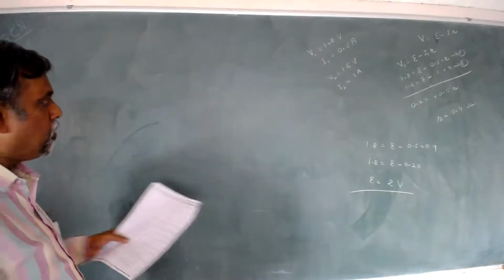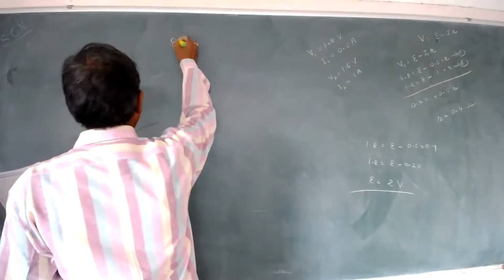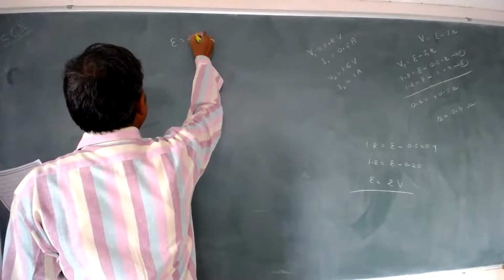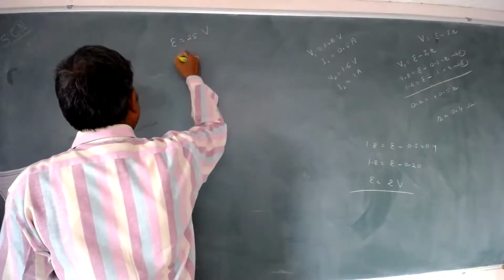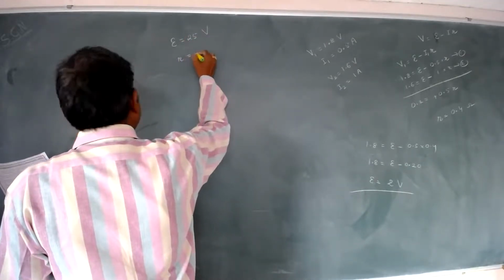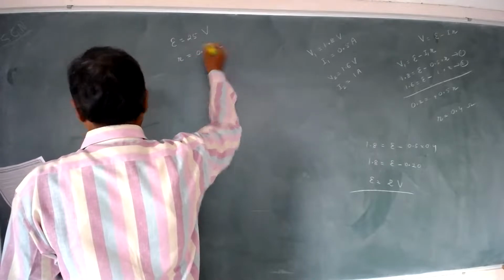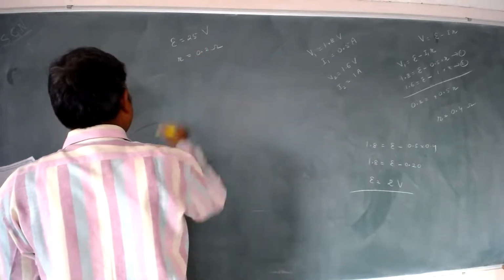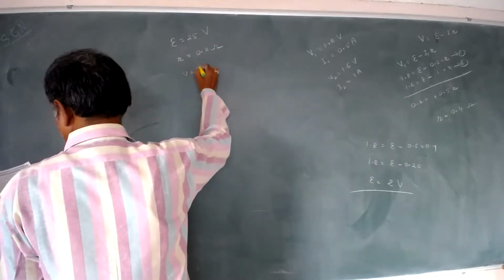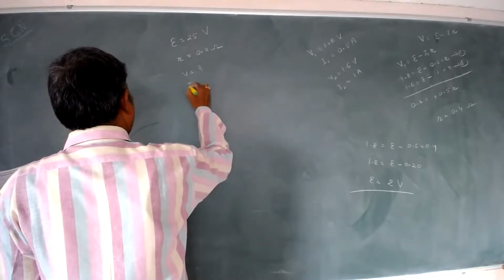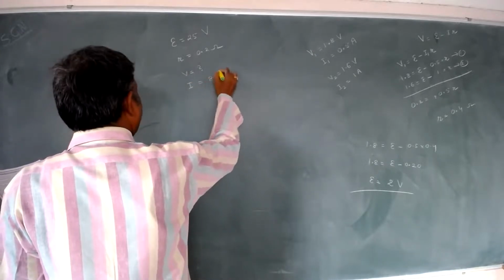Okay, so electromotive force 25 volts and internal resistance are 0.2 ohm. Calculate the terminal voltage of the battery when the current delivered is 8 ampere.